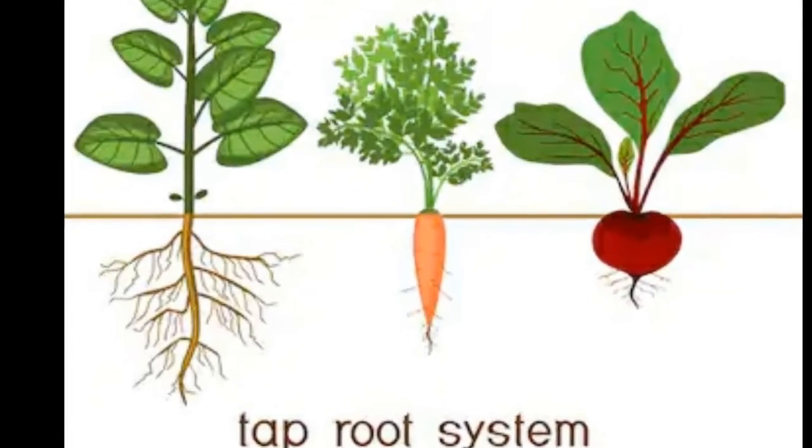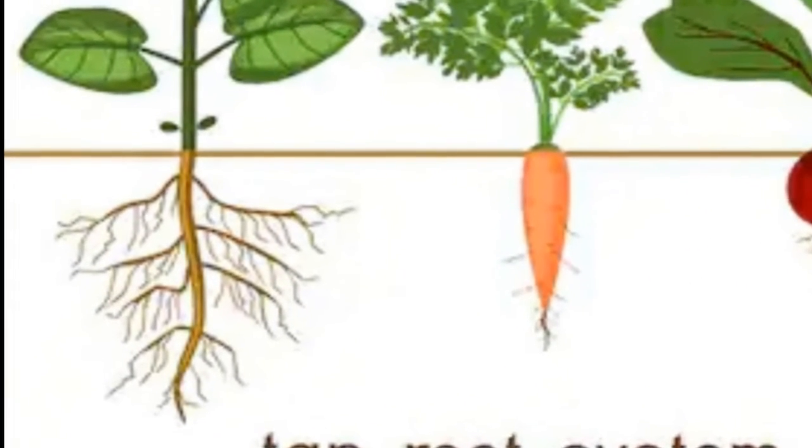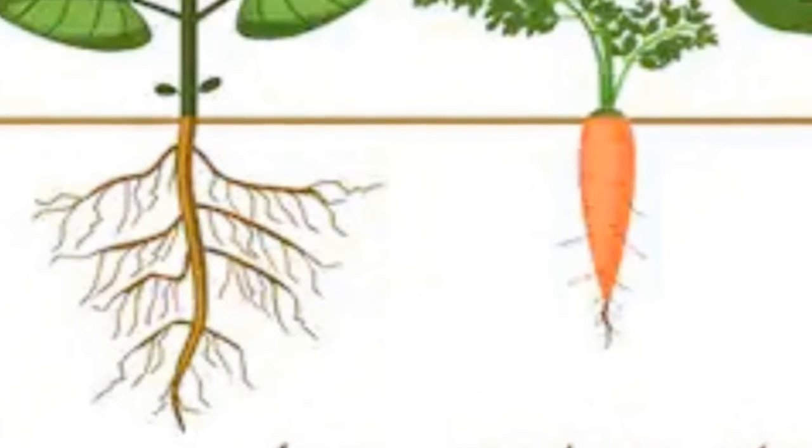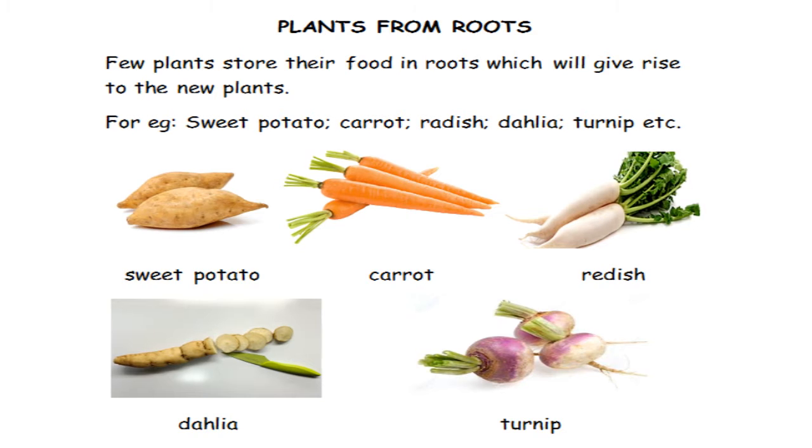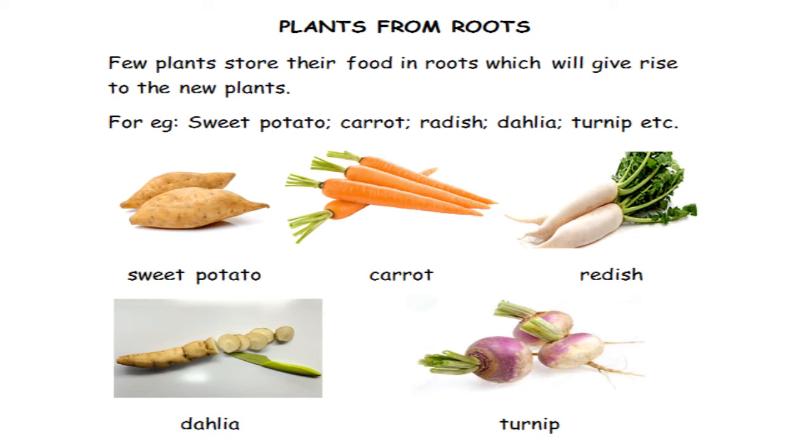You can see in this picture that the main root is generated just below the soil and then further branches develop from it. This is the major identity of taproot. These small, thin, thread-like branches are known as root hairs. Examples of taproot are carrot, bean, beetroot, mustard, which we generally eat.